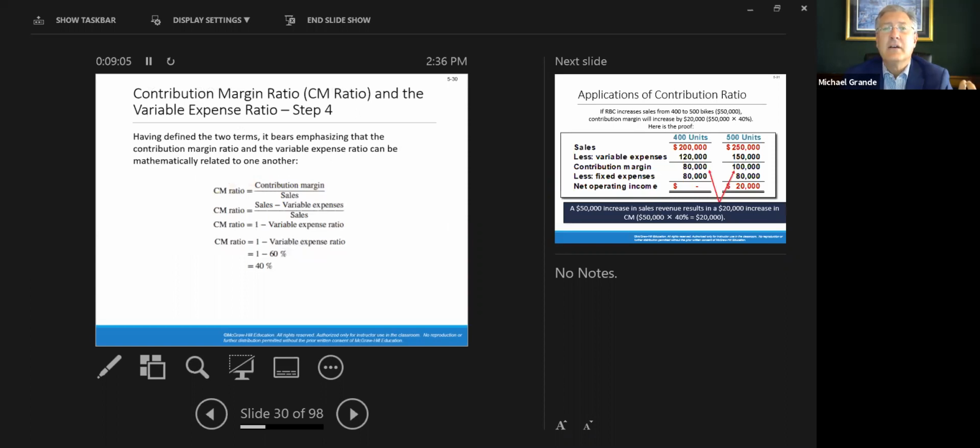Having defined the two terms, it bears emphasizing that the contribution margin ratio and the variable expense ratio are mathematically related to one another. Like I said, the contribution margin percentage plus the variable percent must always equal 100%.